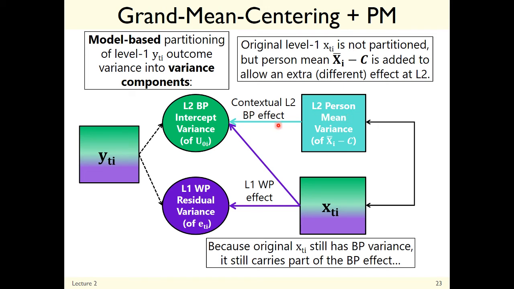It picks up the contextual incremental effect of the person mean after controlling for the absolute value of the level 1 predictor. But within plus contextual equals between. Between minus within equals contextual. You can get back and forth.